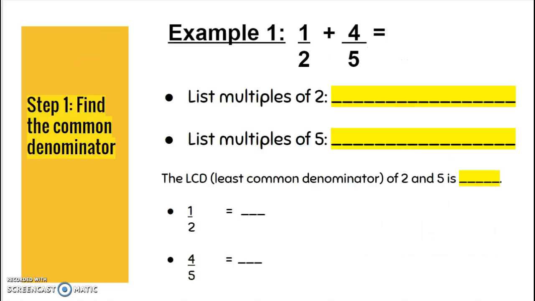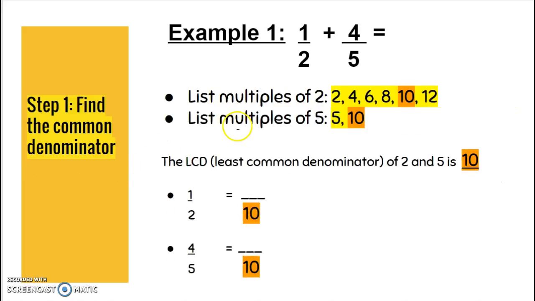So let's look at example 1. It's the same question we were just looking at on the previous slide, 1/2 plus 4/5. But since we have different denominators, denominator 2 and denominator 5, first, step 1 is to find the common denominator. Recall from our previous lesson that the first step to finding the common denominator is to list the multiples of 2 and list the multiples of 5.